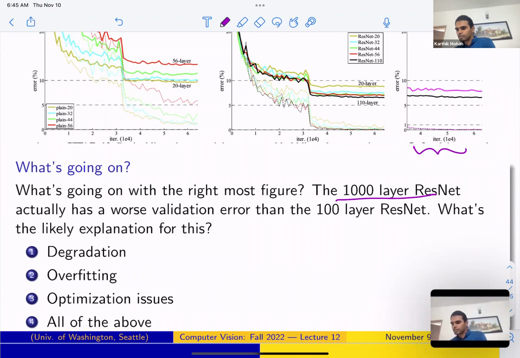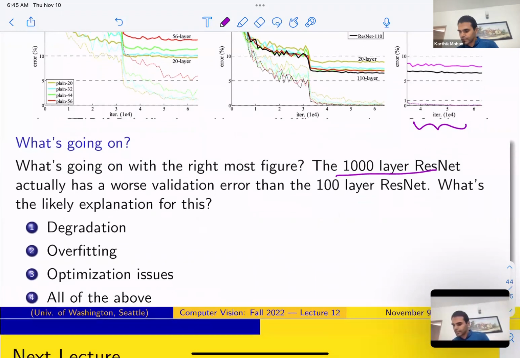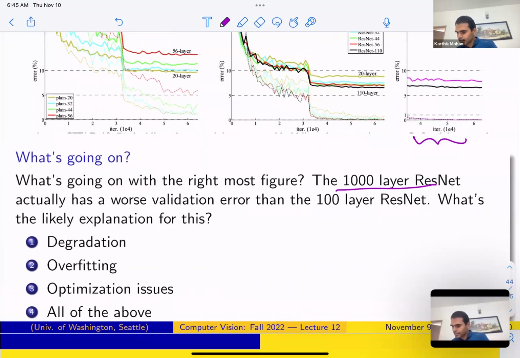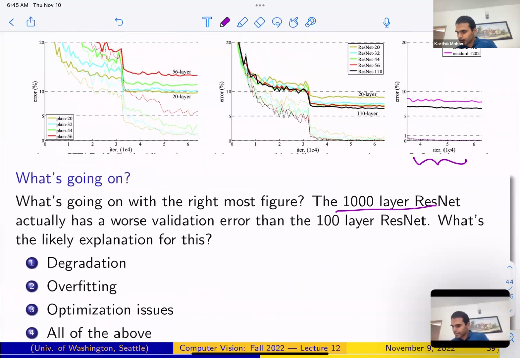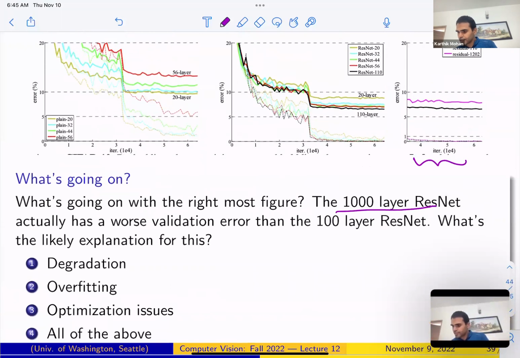Yeah. So in this case, what's probably happening is, it looks like degradation. There might definitely be some degradation happening, but then ResNet is supposed to have fixed it. You're using a ResNet, right?